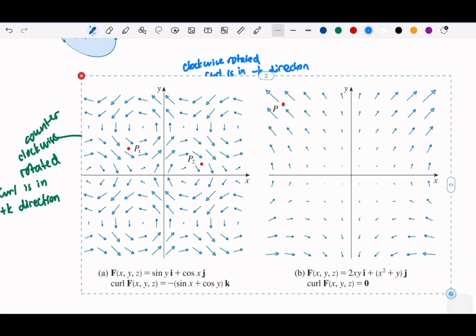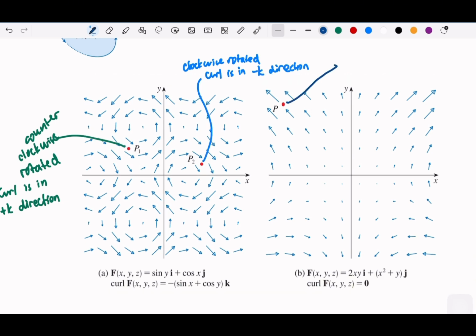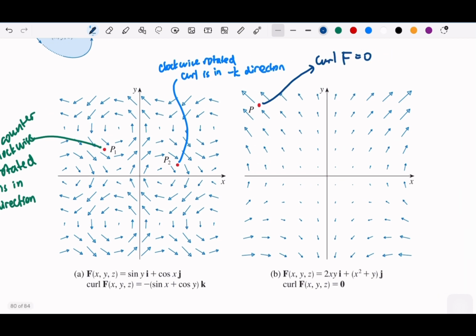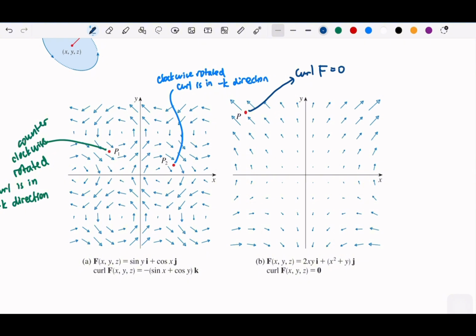So here, the curl F is 0, which means it doesn't rotate about its axis.